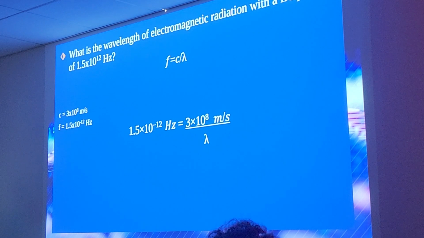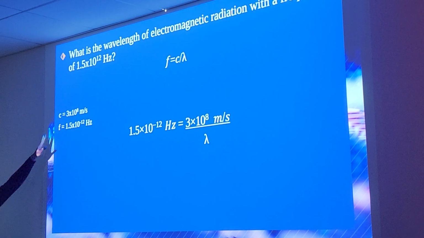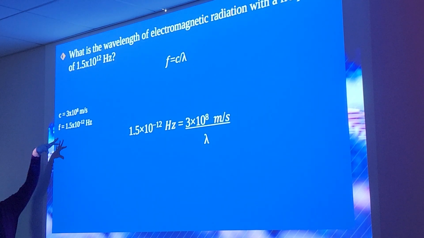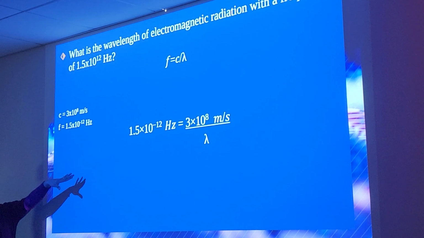So it's going to be frequency equals C, which represents the speed of light, divided by wavelength. And we already know what C is, 3 times 10 to the power of 8. And our frequency, we know it because it's in the problem. So all we need to do now is plug that into our formula.